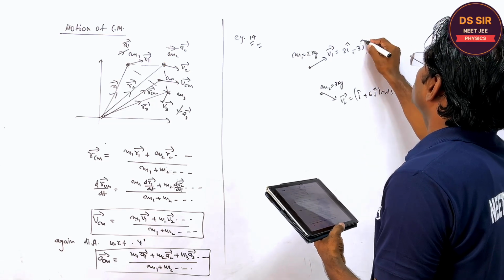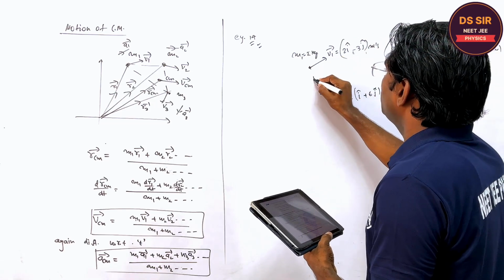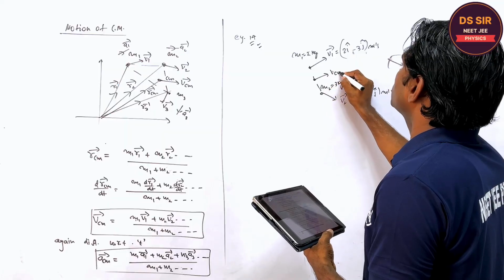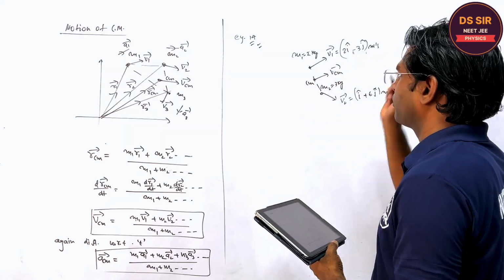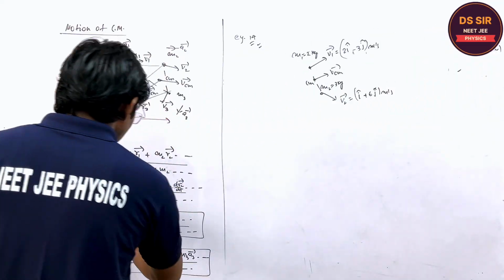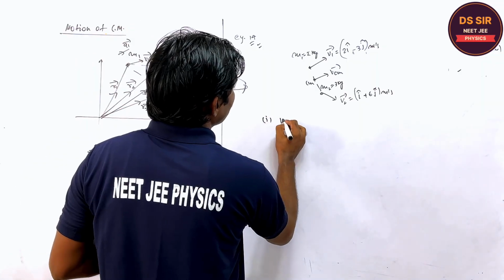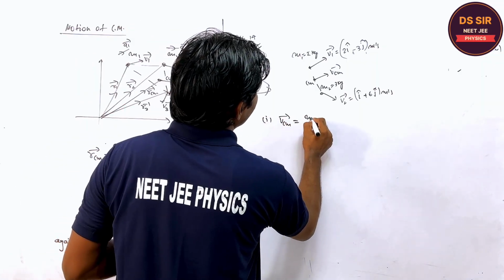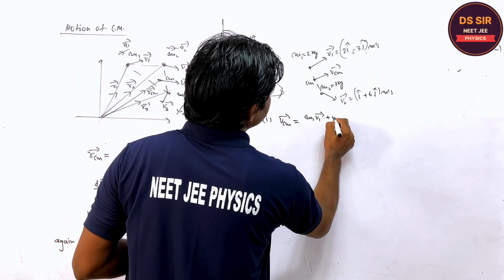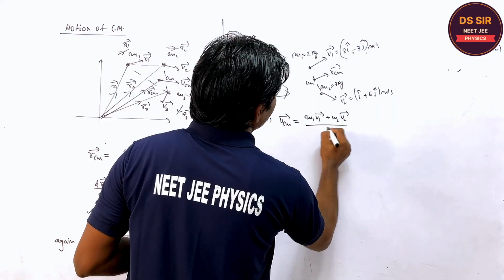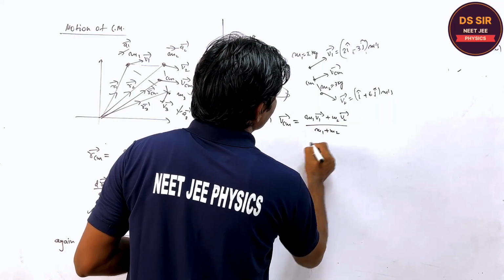So their center of mass will be over here and you have to find the velocity of the center of mass. According to this formula we can find it. So what is the velocity of center of mass? (m1 v1 + m2 v2)/(m1 + m2), right?